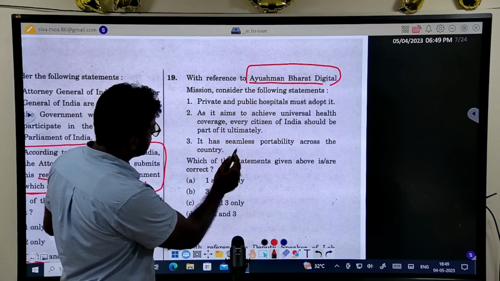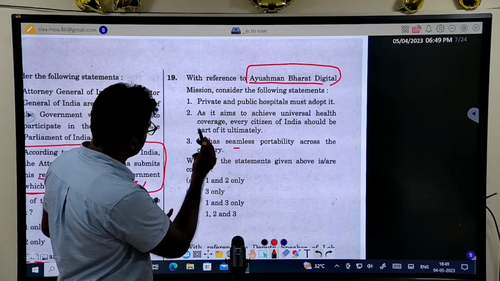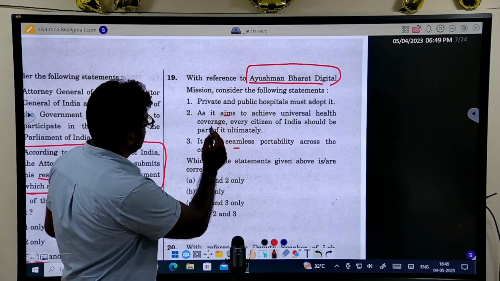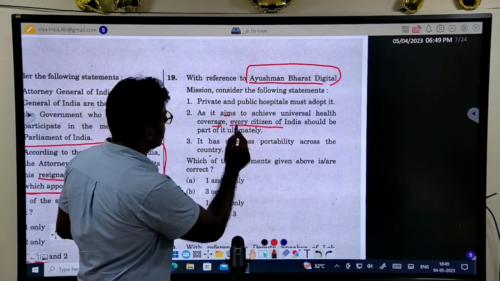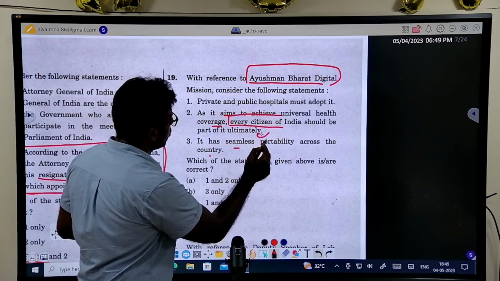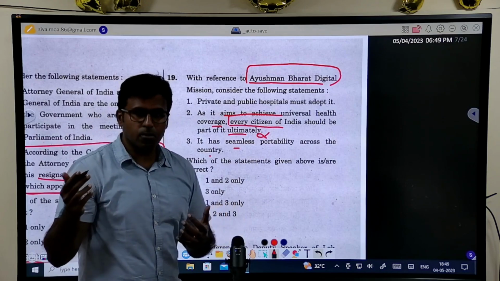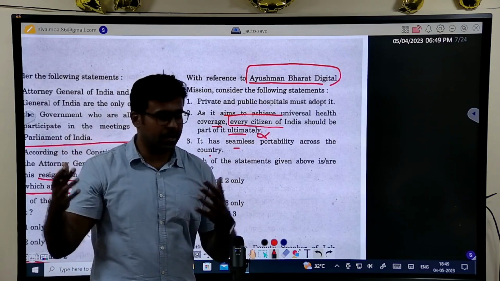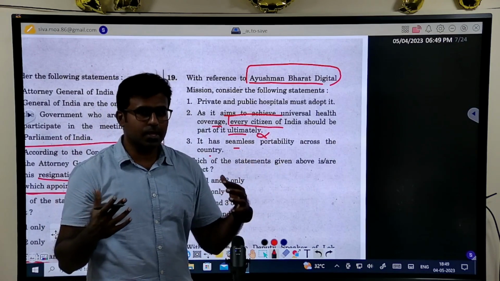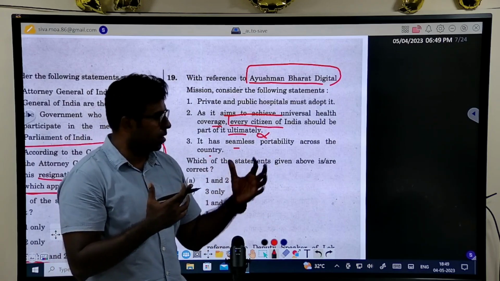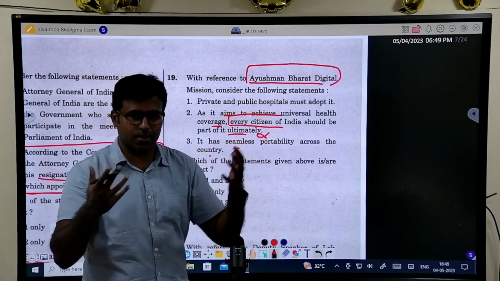It has seamless portability across the country, and aims to achieve that every citizen of India should be part of it. How is that possible? You think about the Ambanis and Adanis, whether it is the aim of the government or of Ayushman Bharat. It's not possible, right?